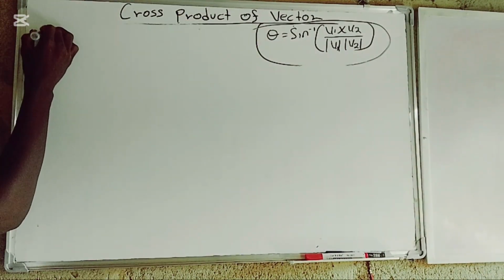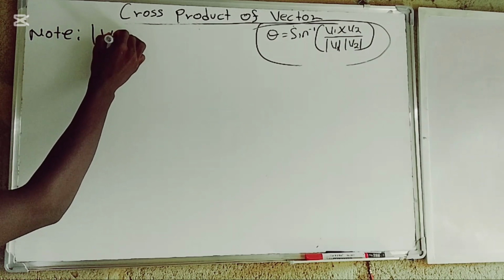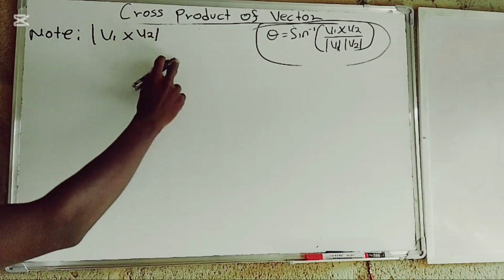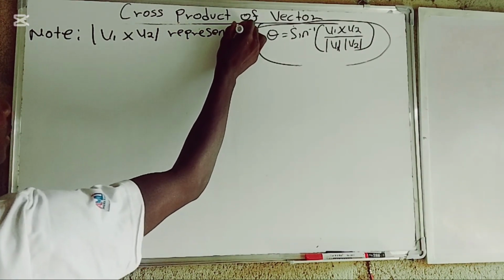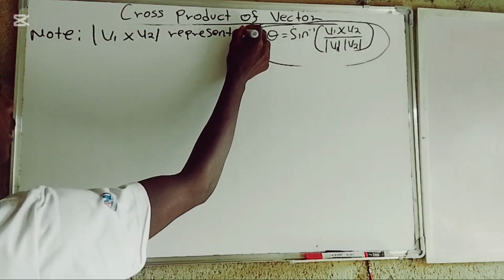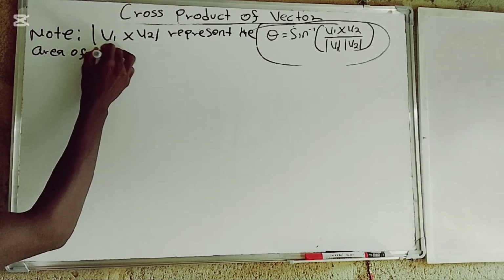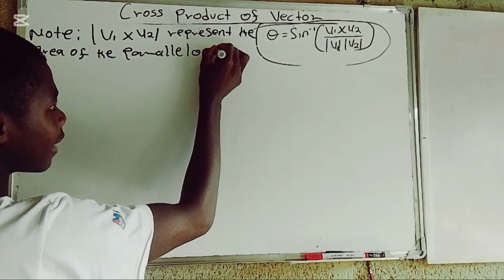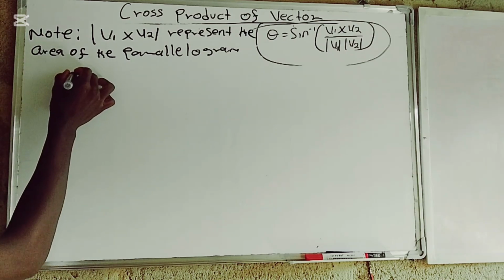You have to note that the magnitude of V1 cross V2 represents the area of the parallelogram. So let me have a sketch for you.